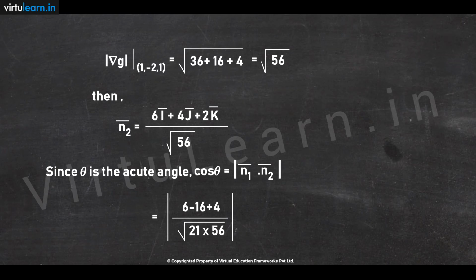So numerator is modulus of minus 6 divided by 7 times square root of 24. After cancelling 2 from numerator and denominator, we get 3 divided by 7 root 6.